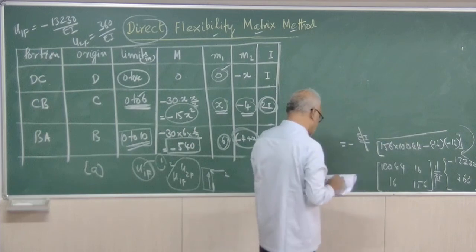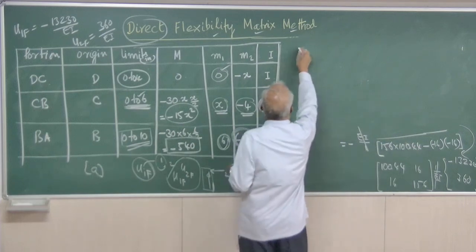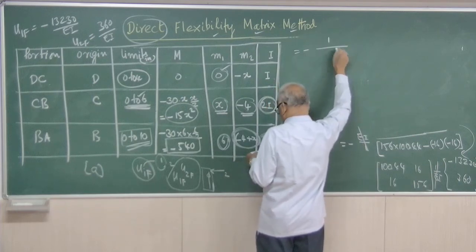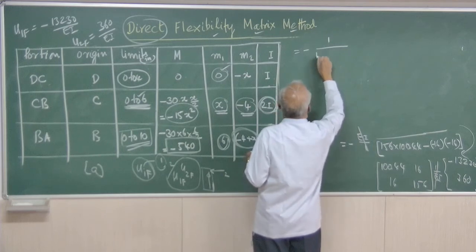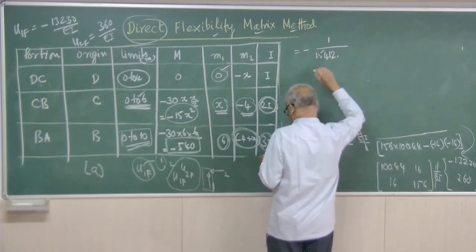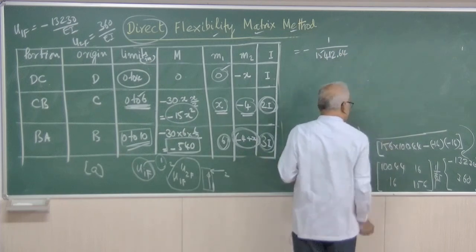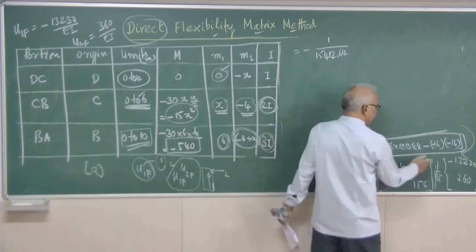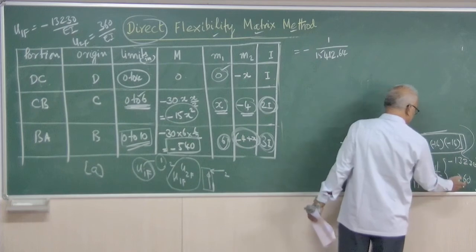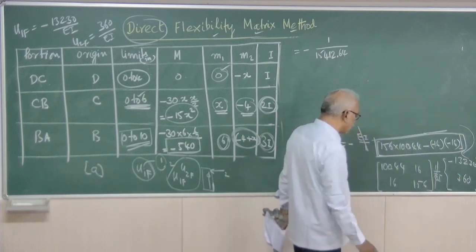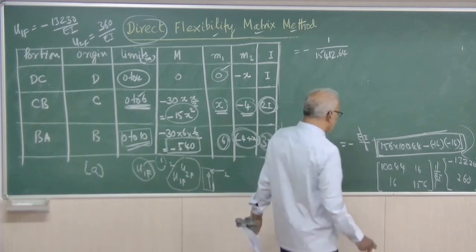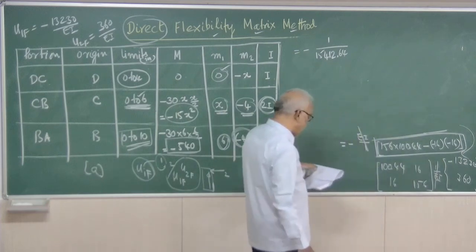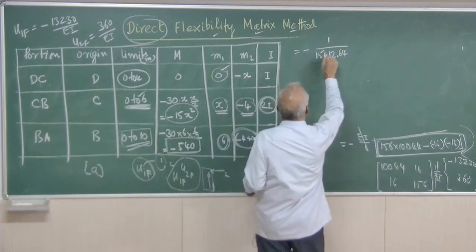Now it is minus of 1 by 15412.64, this value into first value plus second value into second value. The first row and the column will give you one value, then the second row and this column will give one value, and that value is divided by this.